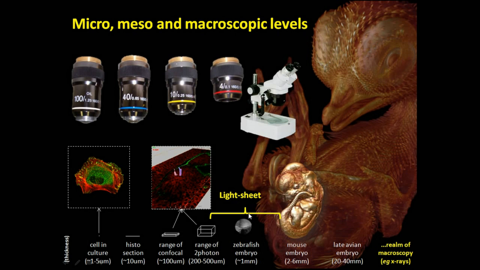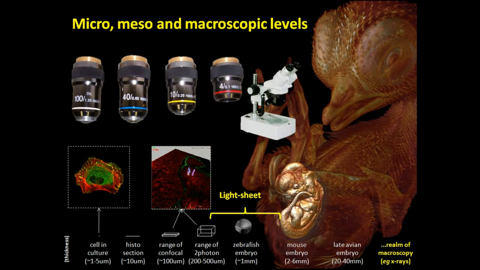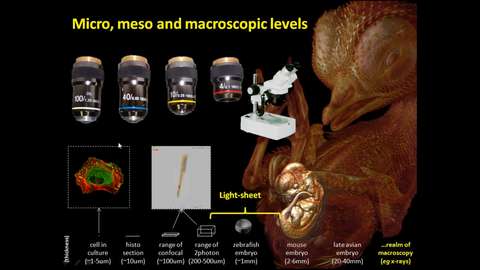So now you get really valuable information about how cells are organized in vivo and in situ, inside their natural environment, which is something you don't get when you image cells in tissue culture, like the example that I've shown you previously.